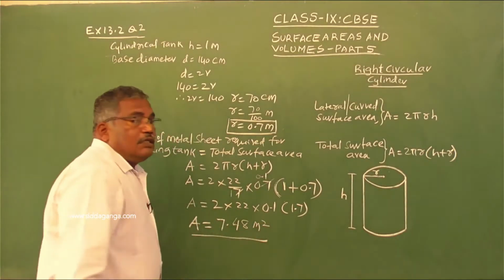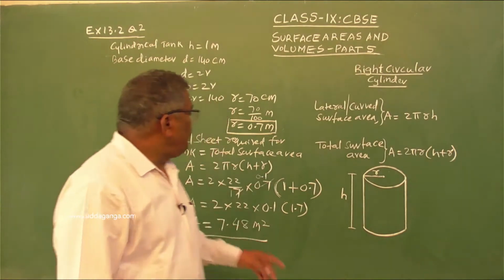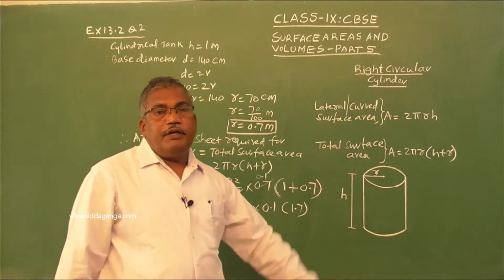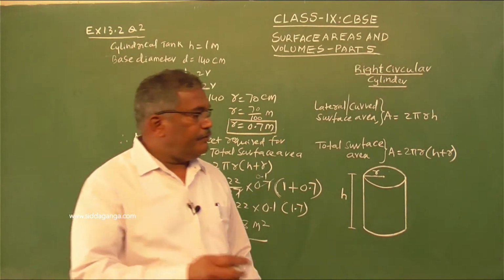Therefore, 7.48 meters square of metal sheet is required to prepare that tank.